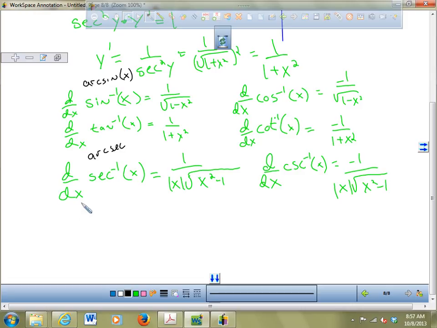And then you have a formula that says the chain rule applies to this stuff. So chain rule for any trig function. I'm just going to write it for tangent.